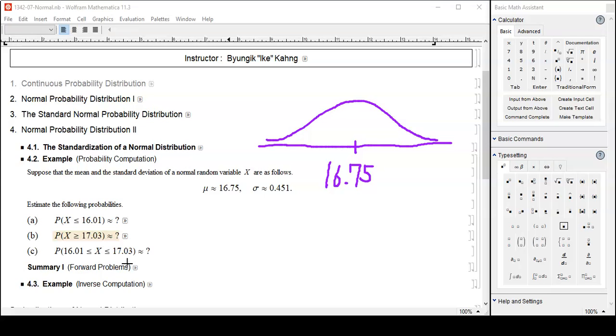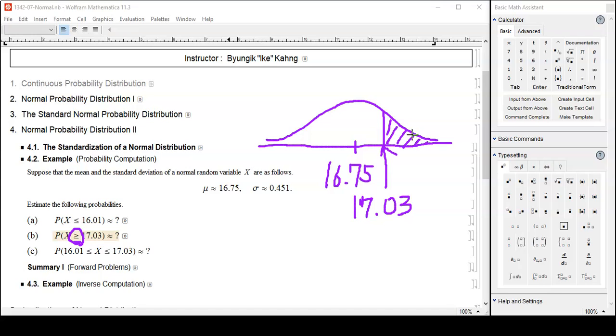It's bigger than 16.75, so it's in the right-hand side. Right here. That's 17.03. And then x is greater than 17.03, so this is the right-hand side shading.